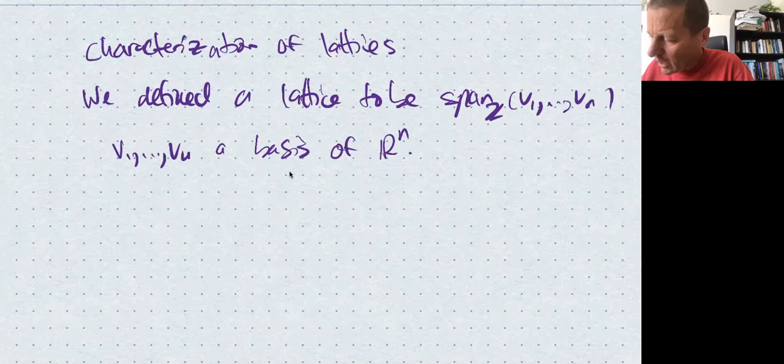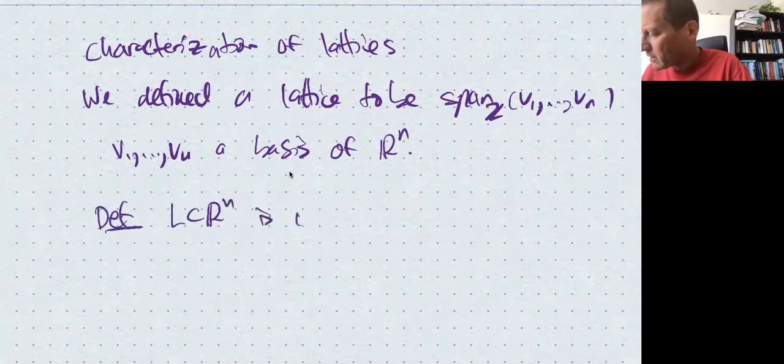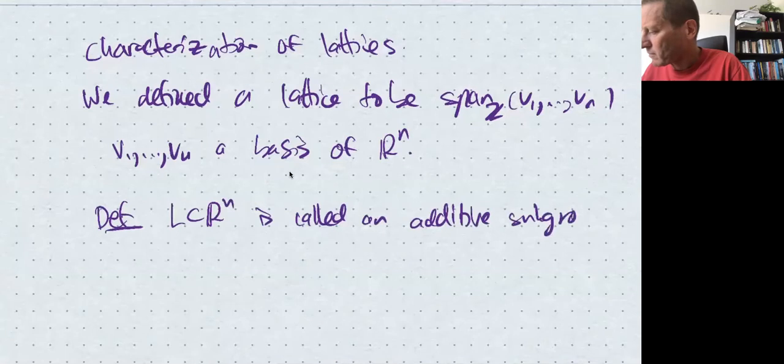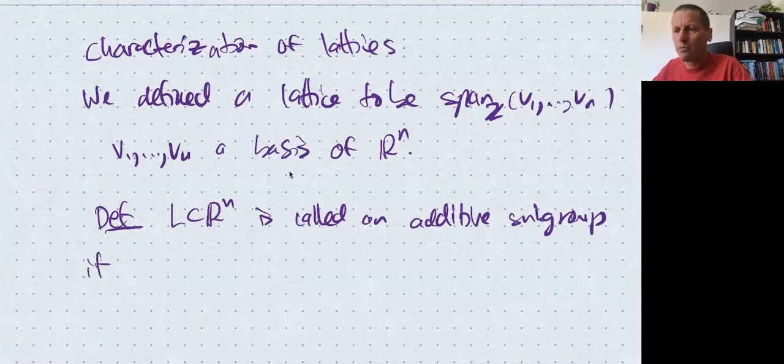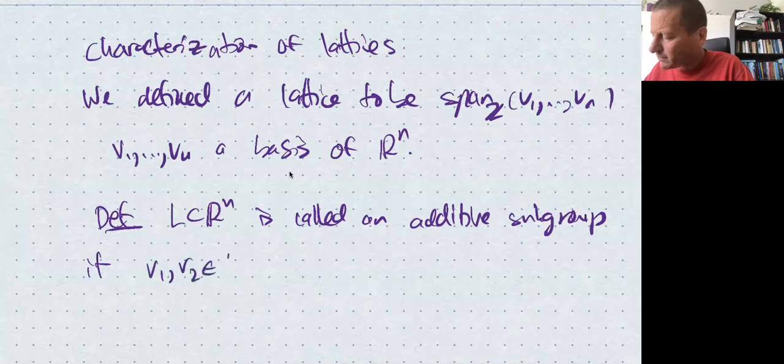So, definitions. L in Rn is called an additive subgroup if it's a subgroup of Rn for the group structure you get by vector addition.